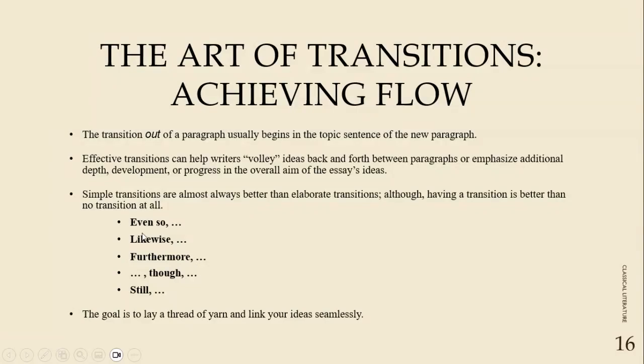And they're not completely interchangeable, right? Likewise means it's similar. It's not the same. It's similar. It's an ally. Furthermore means it's the same, and we're building on it. So that's why I think of it as a reinforcement. Ally, reinforcement, strong rebuttal. And again, there's dozens, if not hundreds, of transitional words and phrases that you can use that help you build this transition in and out and between paragraphs.